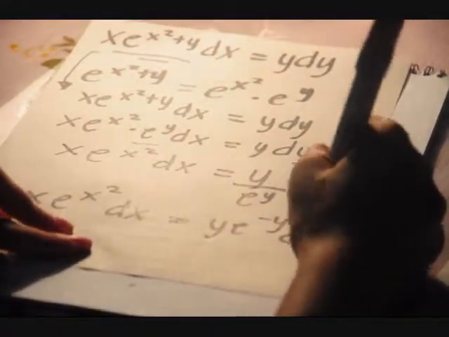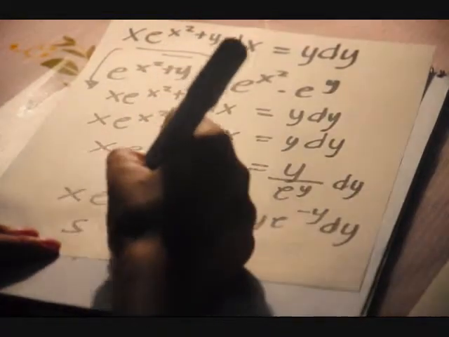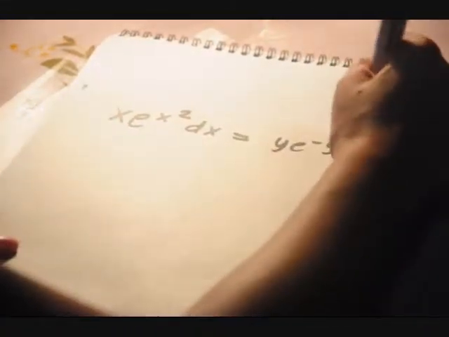This equation will now become x e raised to x squared dx equal to y e raised to negative y dy. So we can see now that this equation is a separable differential equation. So we may now integrate both sides. We have x e raised to x squared dx is equal to y e raised to negative y dy.